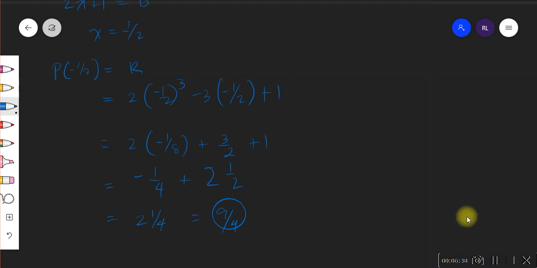So that's all for the remainder. Now let's go to related problems about the remainder theorem.